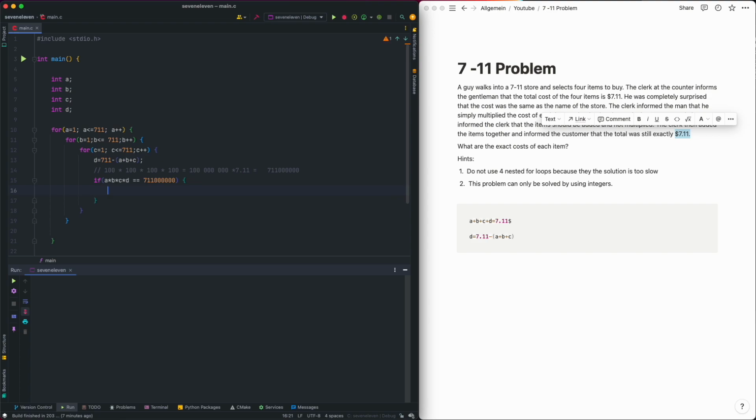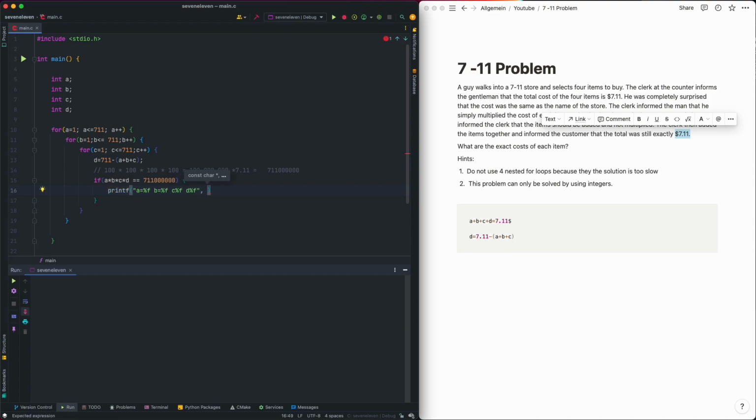We have the 4 values, so we can say printf a equals. For the solution we will convert it back to floats again, to cents, and not use integers. Okay, so we will say a is a float, %f, then b equals %f, c equals %f, and d equals %f.